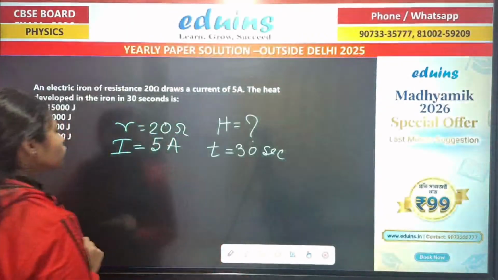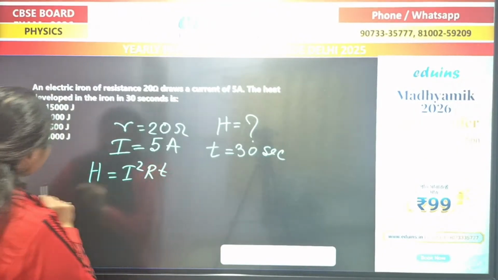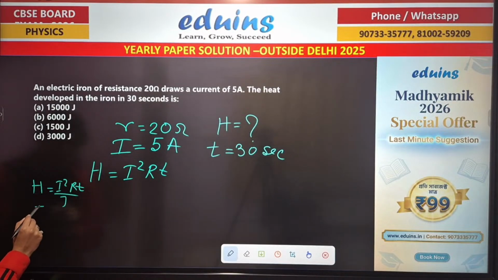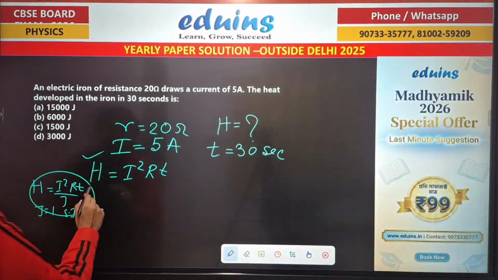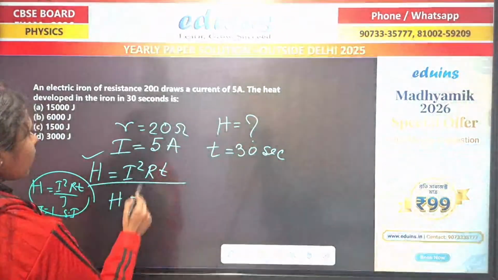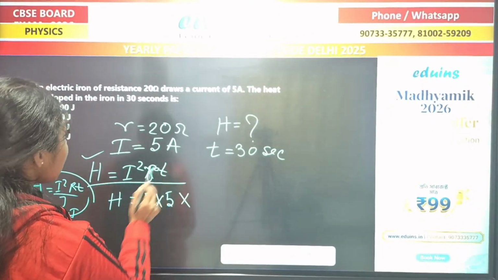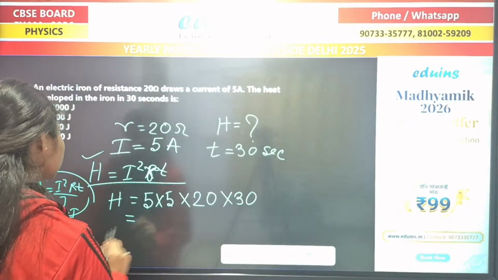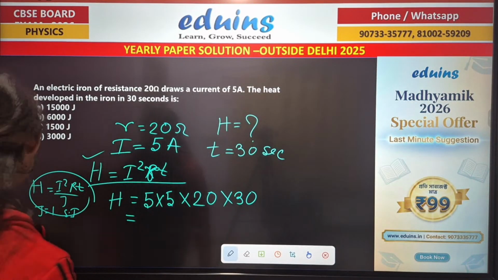So according to Joule's law, H is equal to I square RT by J, and J is 1 in SI. So this is the formula. So now H is equal to I square, that means 5 into 5, R is 20 and the time is 30. 5, 5, 25 and 2, what becomes it?